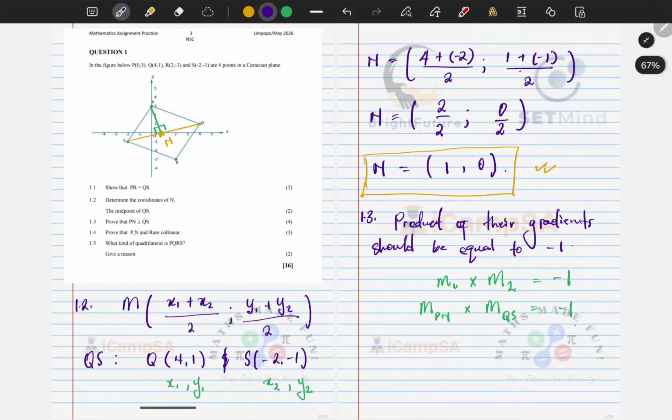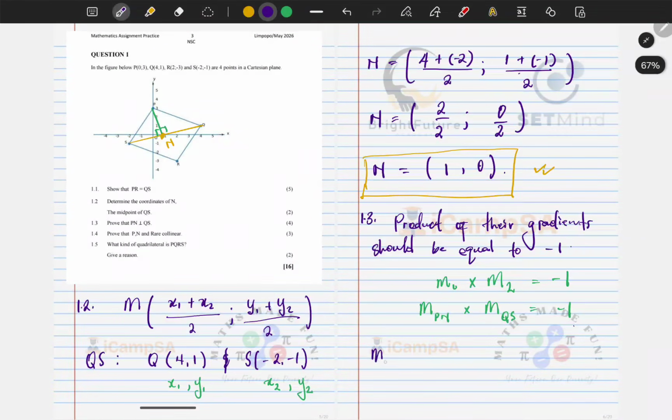So now let's look at the gradient of PN. Remember, the gradient is usually found by your y2 minus y1 all over your x2 minus x1. We are looking at PN, so these will be your coordinates.